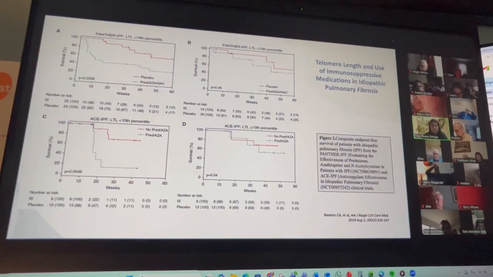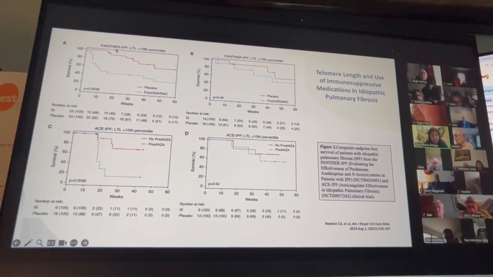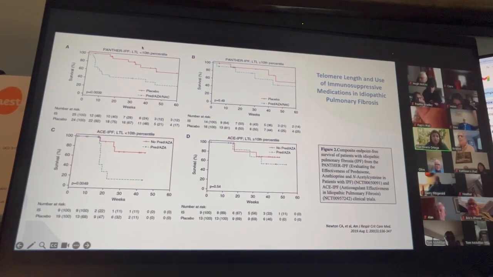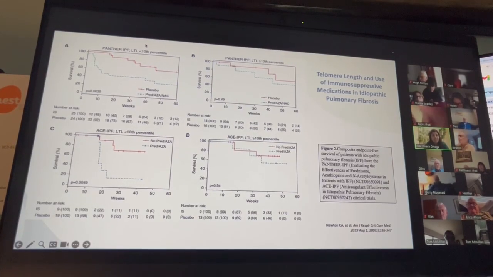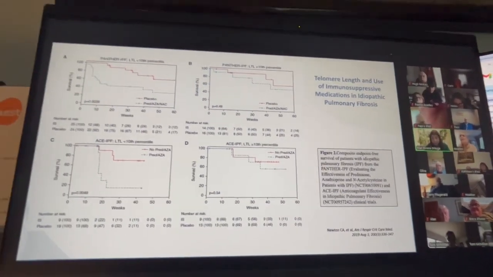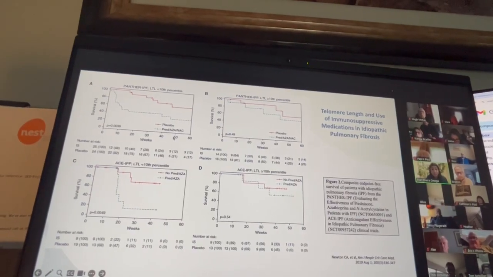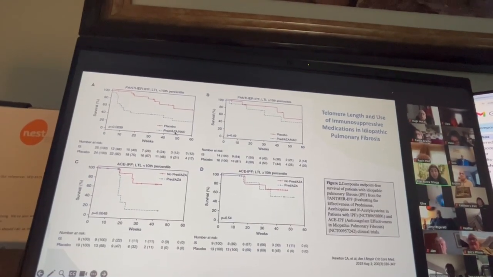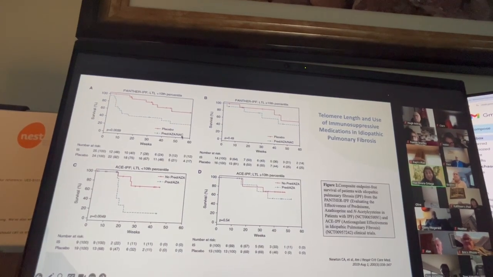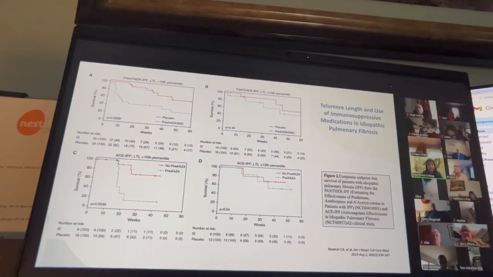Before them, in 2011, we had a publication for a study called PANTHER. The PANTHER study was for IPF patients, and the recruitment was for patients on placebo, that means without any medication, versus patients on oral steroids, prednisolone, plus immunosuppressive therapy, azathioprine, plus N-acetylcysteine, versus the ones on only N-acetylcysteine.